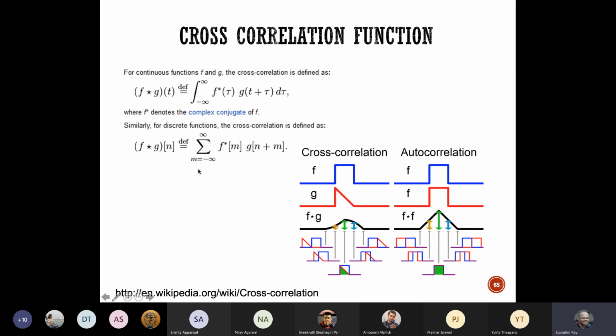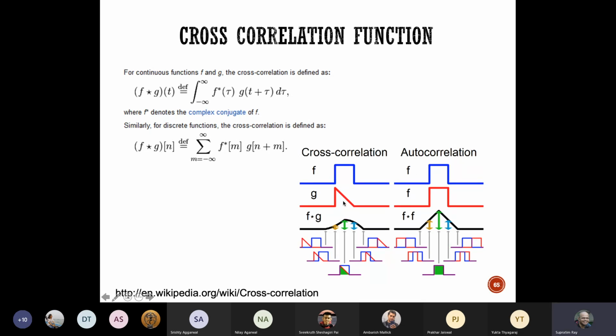So this function, the cross correlation function, tells you about the alignment, the correlation between the two functions for different values of the time lag. So this is the output. This is the cross correlation of f and g, which is also a function of time, but it accounts for how well the two functions are overlapping when they are shifted by different amounts.